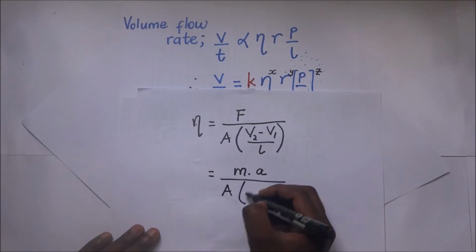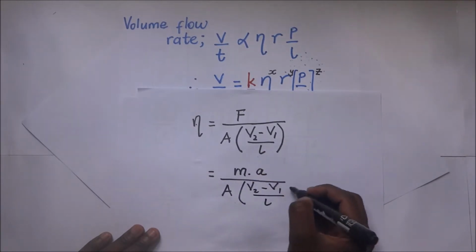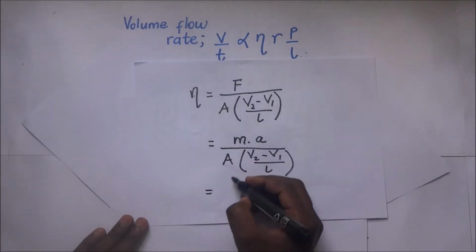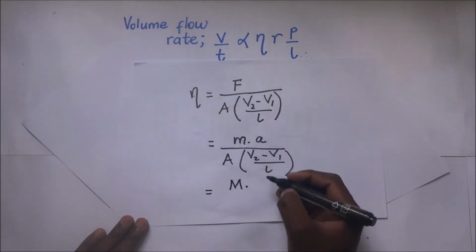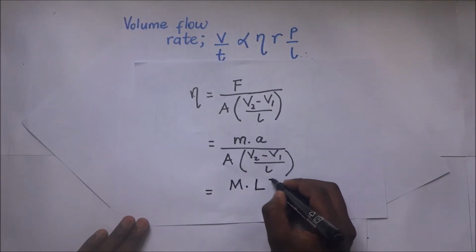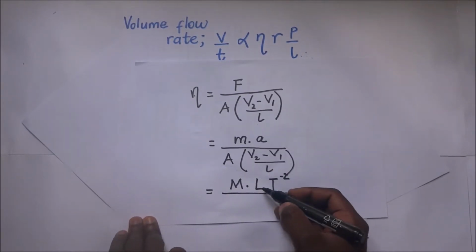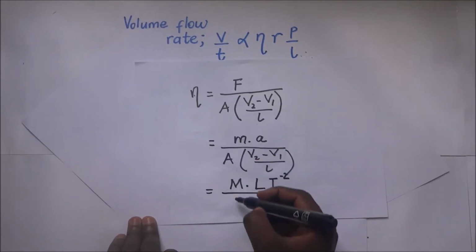This is area times the velocity gradient, V2 minus V1 over L. So let's get the dimensions. Dimensions of mass is capital M. Multiply that by the dimensions of acceleration, which is LT to the power negative 2, because acceleration is velocity over time. Divide that by area, which is L squared.